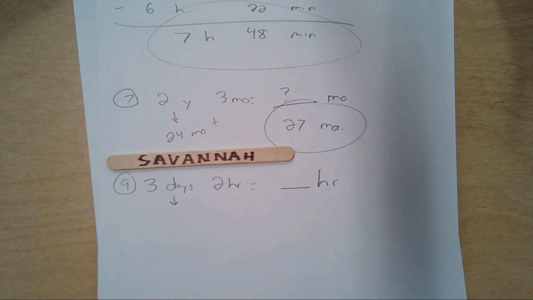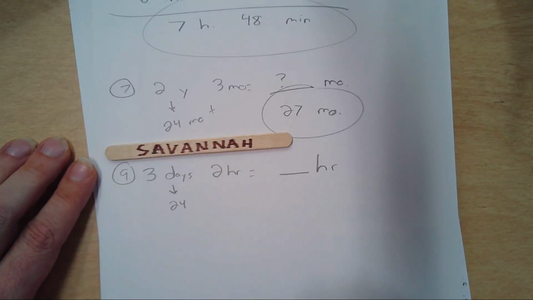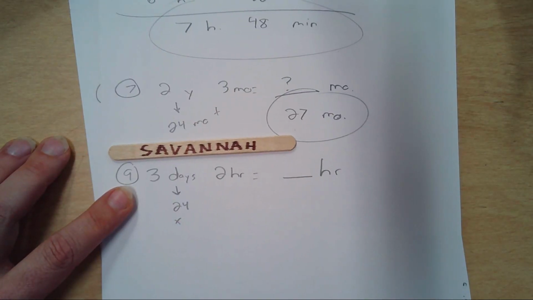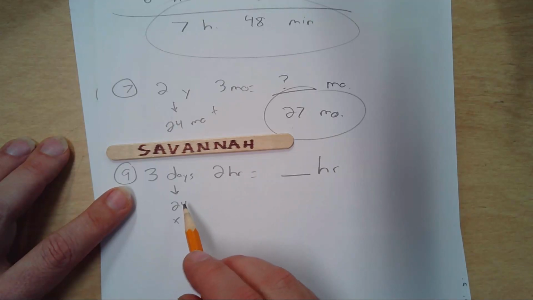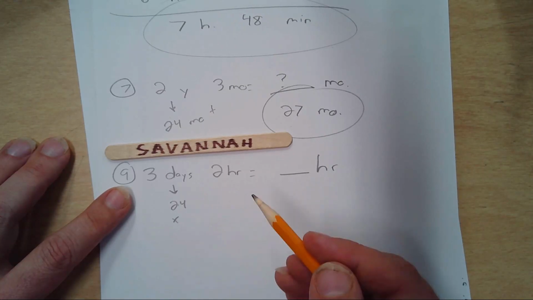Because 1 day is 24 hours, 2 days would be 48 hours.